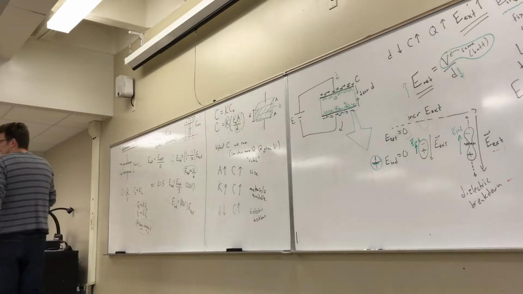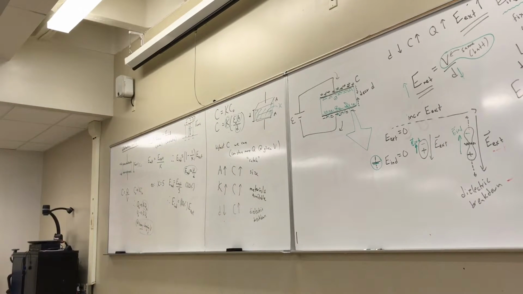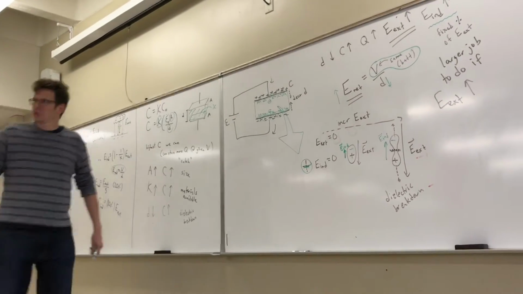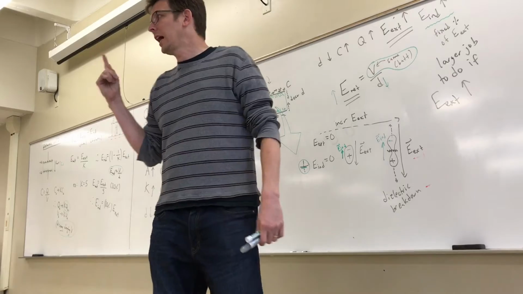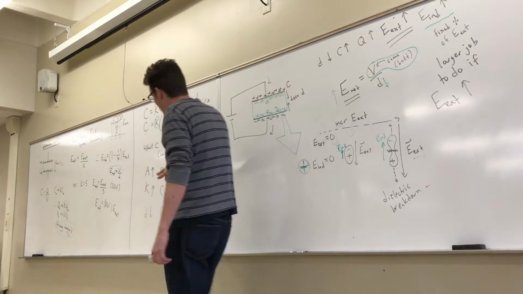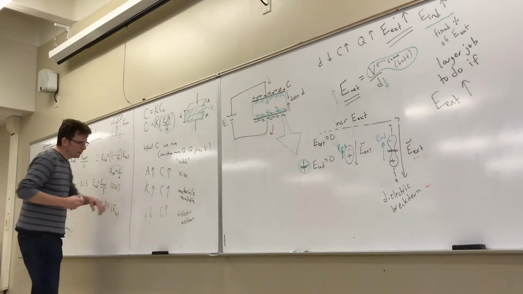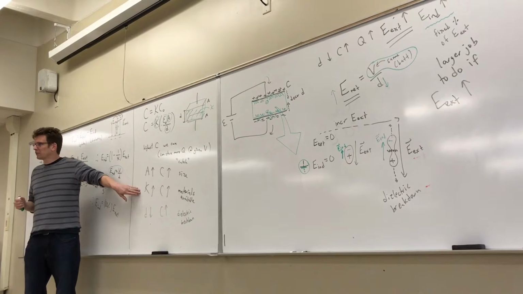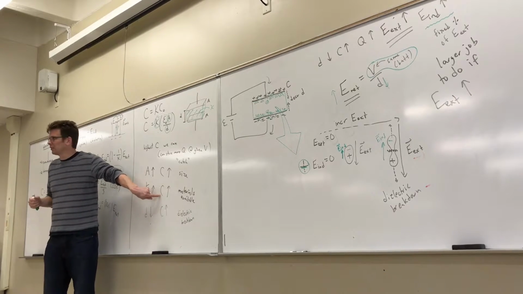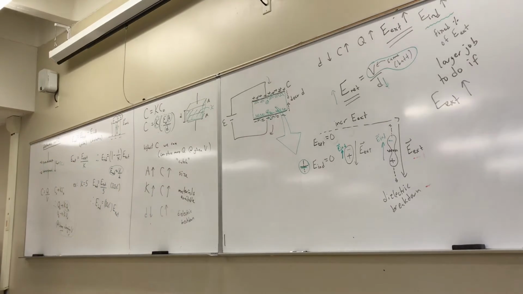So the question then is, how do we quantify this? Well, it's very simple. For dielectrics, we need two numbers to rate them. First is the dielectric constant, kappa. The dielectric constant tells us by what factor the capacitance will increase. But with every dielectric, there's a second number. And the second number is how much electric field it can withstand before it will cease to function in its proper manner.